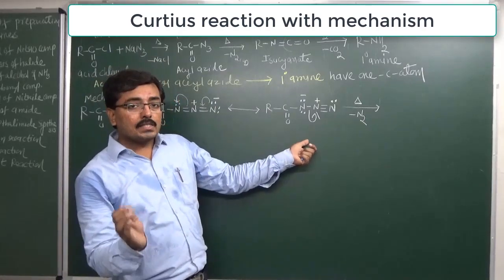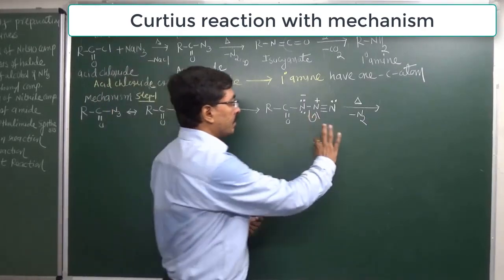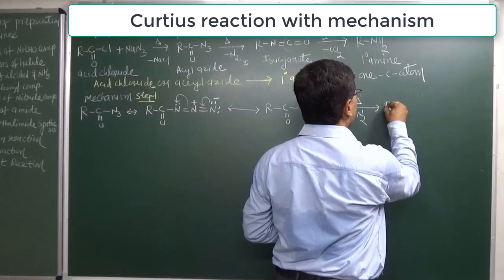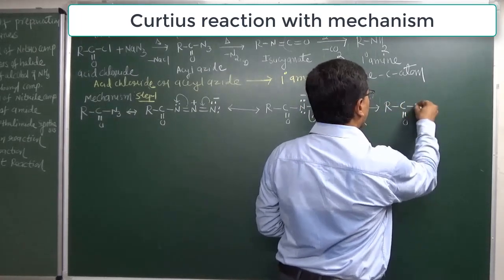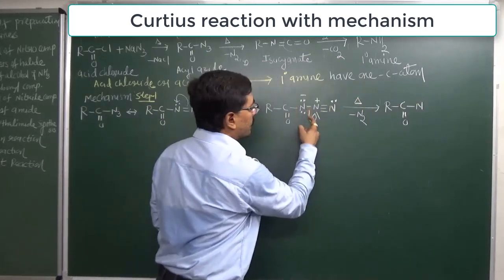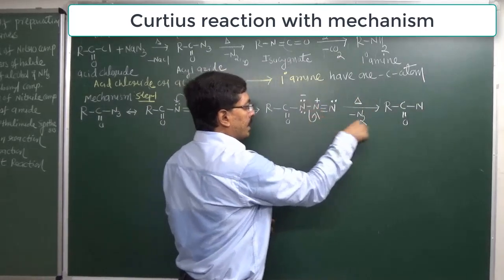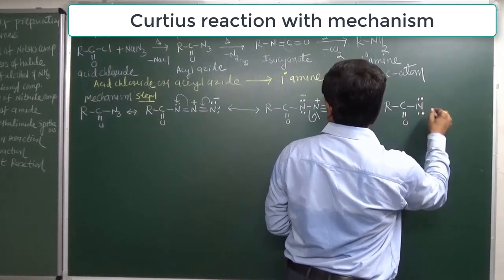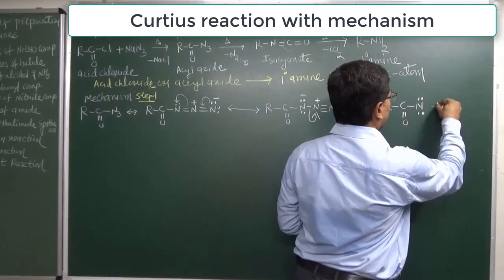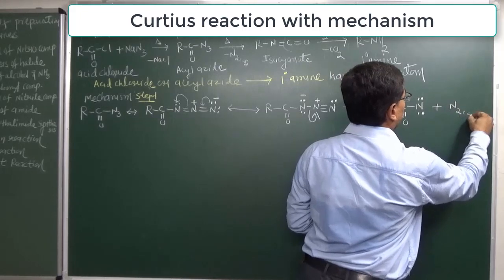It is the best leaving group in the world. Now, as a result, we will get this structure RC double bond O. Now, this nitrogen has lost this electron pair, so the nitrogen has no charge and two electron pairs. And with this we are getting nitrogen gas.